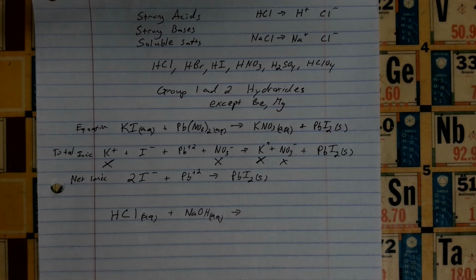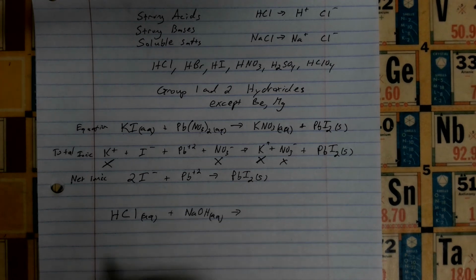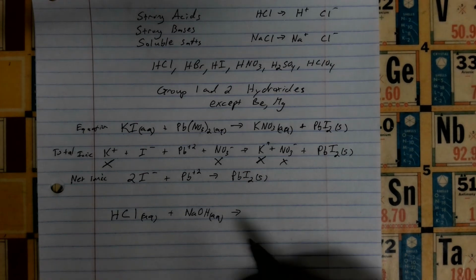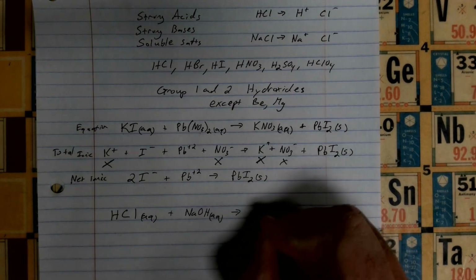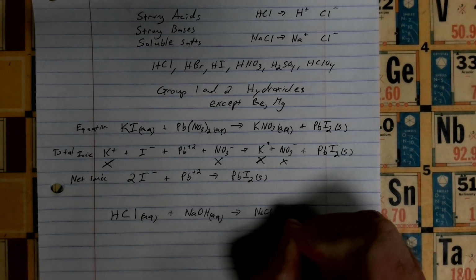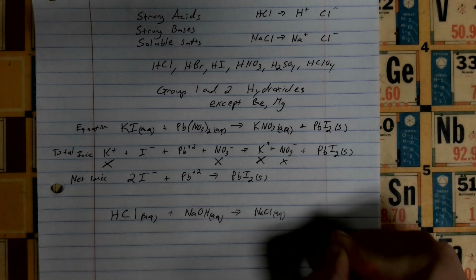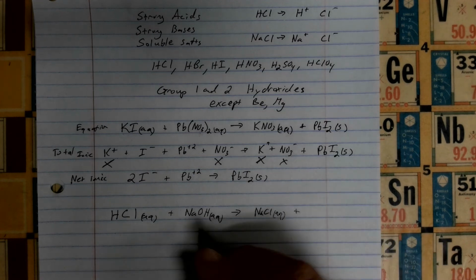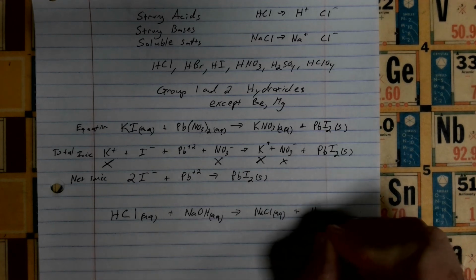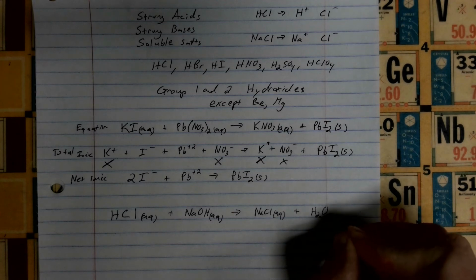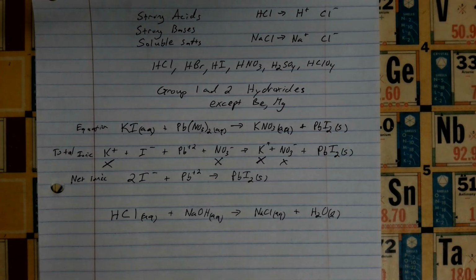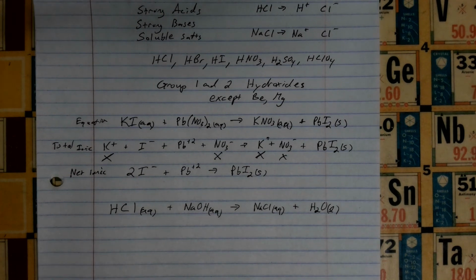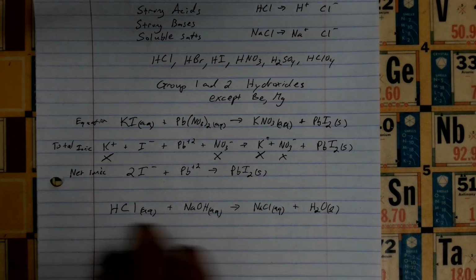So this is an acid-base reaction, and it's also a double replacement reaction. So the insides go together, so I'm going to have NaCl, which is a soluble salt, plus HOH, also known as water, which is a liquid. Okay. So this is my full equation.